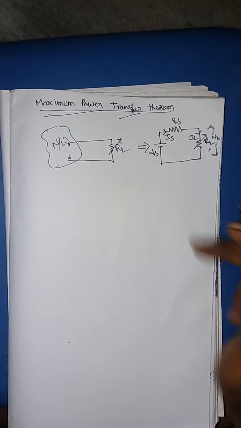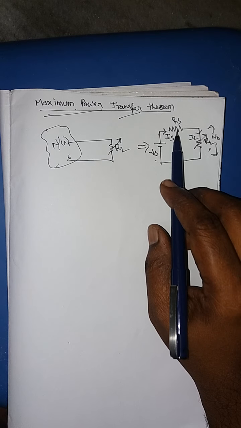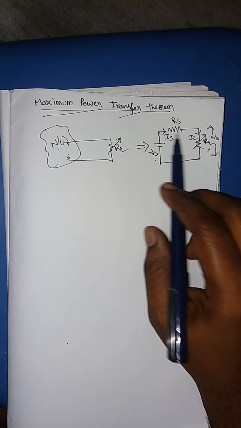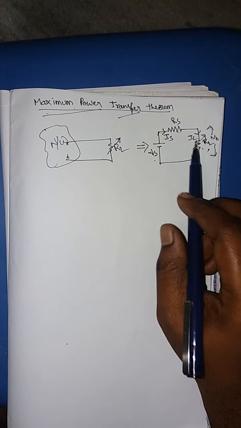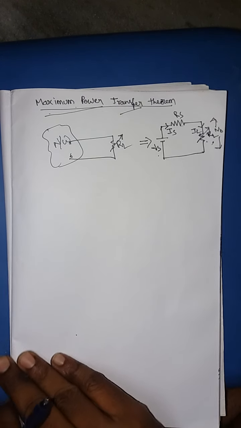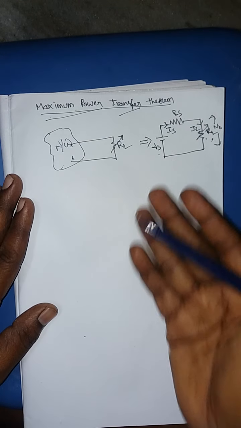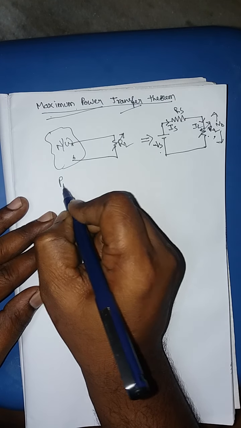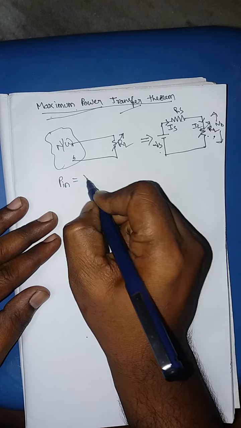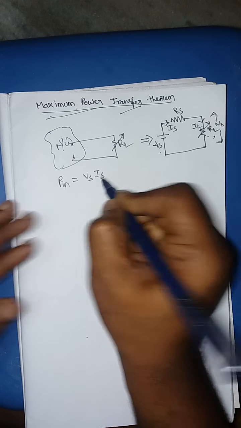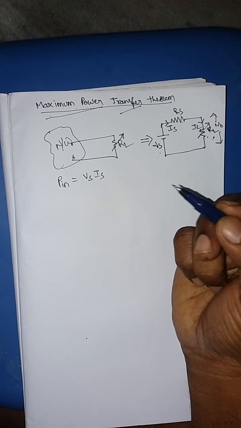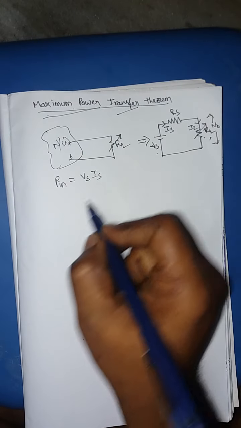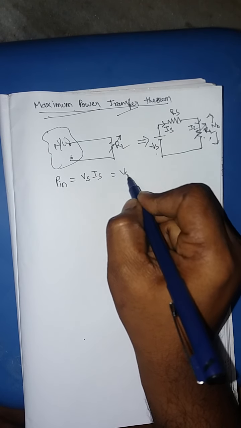As Rs and RL are connected in series, Is is equal to IL. Now how much power are we giving as input? Power input is equal to Vs into Is, or we can also write Vs into IL.